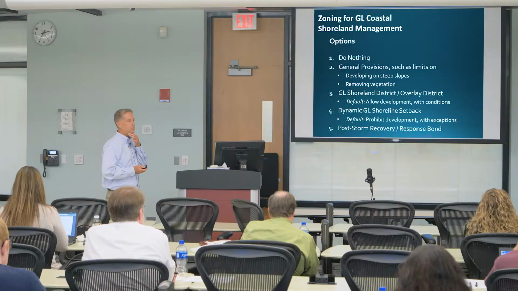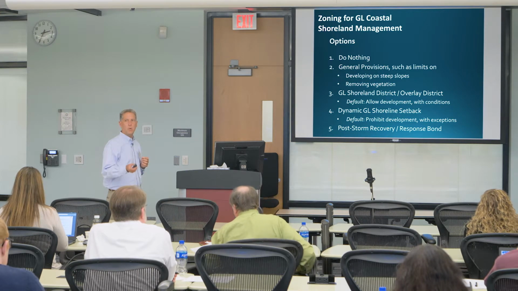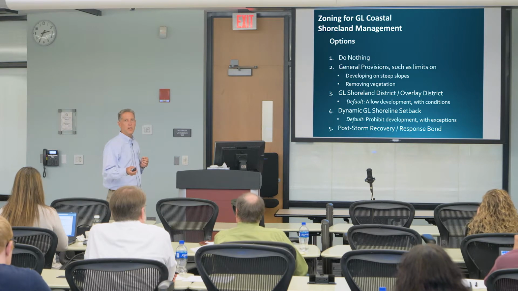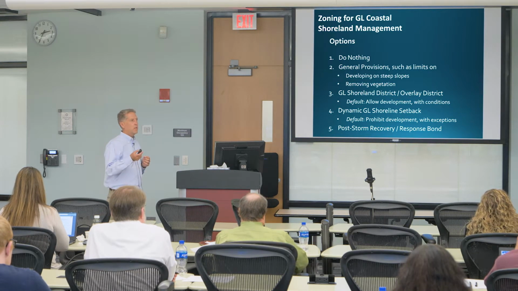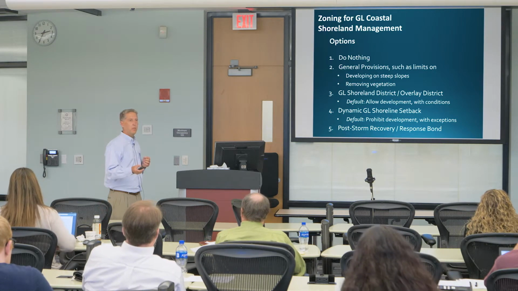And then here's an idea I'm chewing on. I don't know of anybody that's done it, but I know that there are more and more communities adopting bond requirements for cell towers and wind turbines, which is to say, if you permit the building of a cell tower or a wind turbine, you make the property owner put up a bond that will cover the cost of taking it down when it reaches the end of its life.